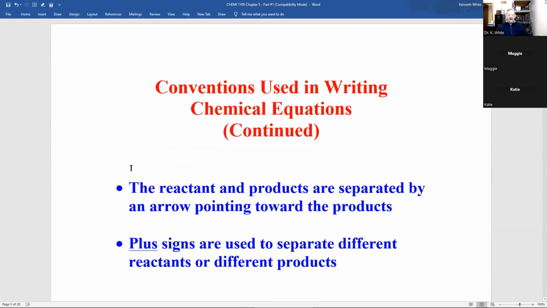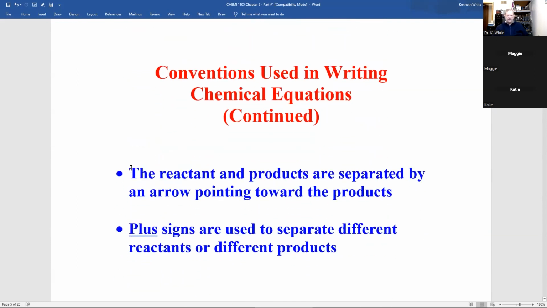Now, continuing on. The reactants and products are separated by an arrow.